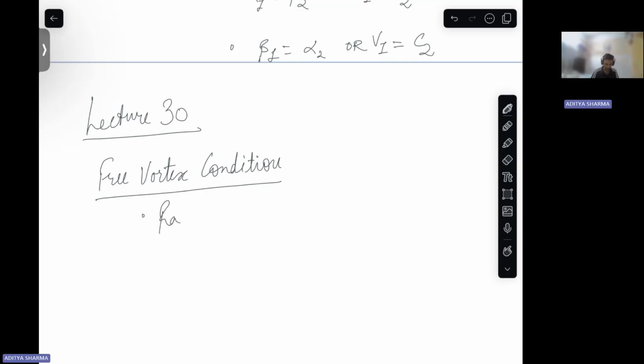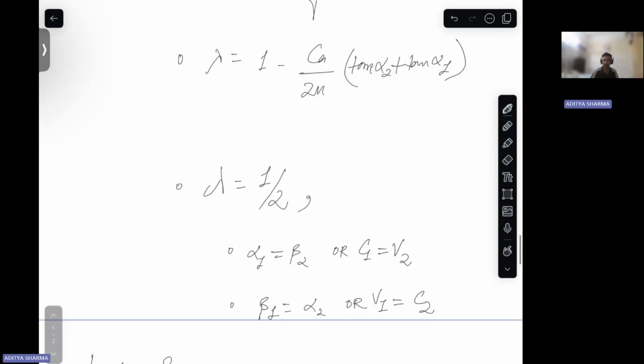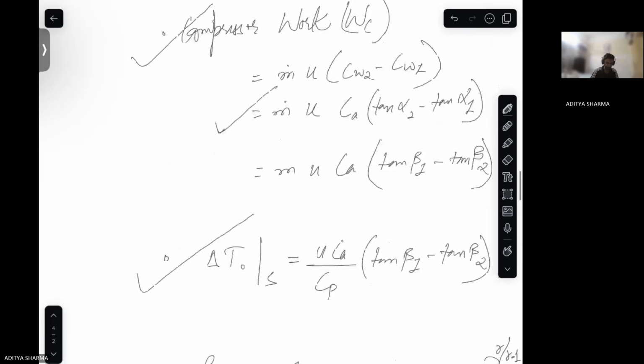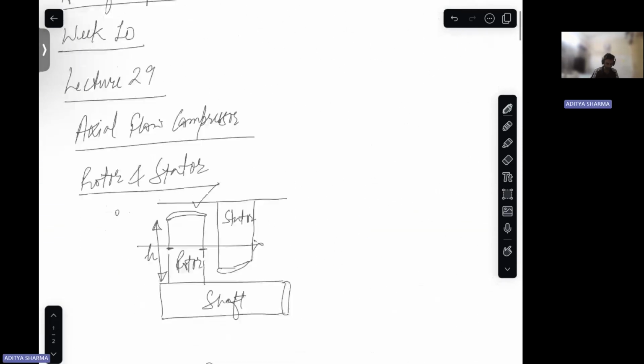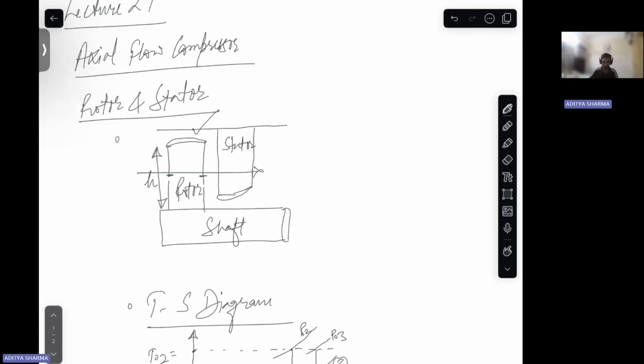Basically, we assume that there is radial equilibrium. Now, what is radial equilibrium in the compressors? So then I will move to this diagram, this rotor and stator diagram.